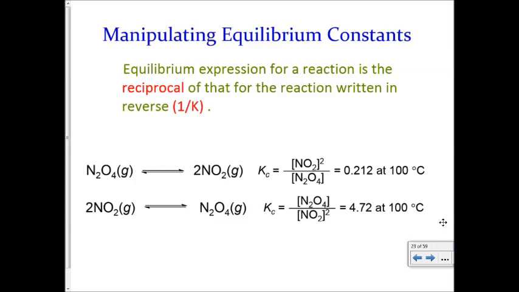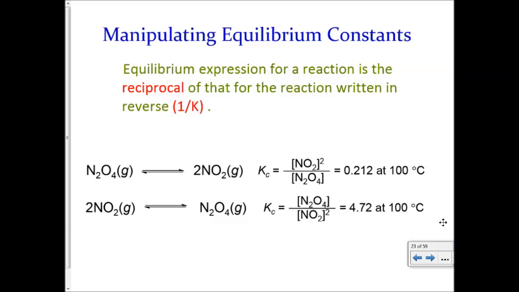And they might give you a series of intermediate reactions that you put together to make the overall, just like you would do in Hess's law. So it's very similar. But in this particular example, it's showing you the reaction N2O4 going to 2 NO2s. And in this particular case, at 100 degrees, the ratio ends up being 0.212.